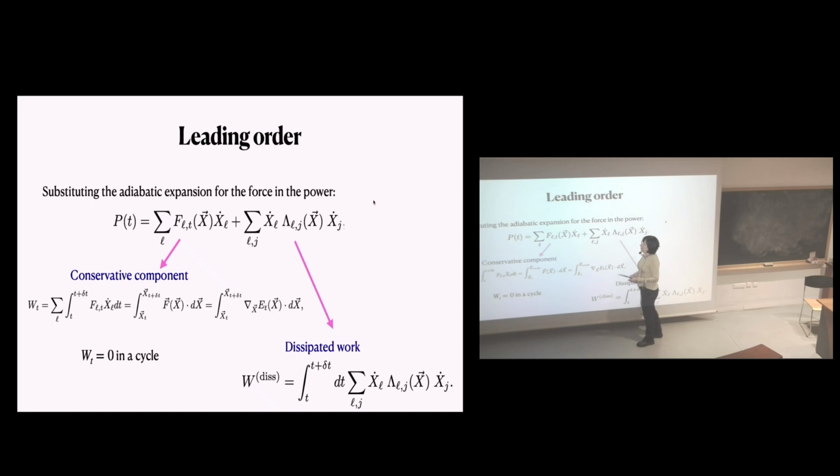We have a first term, which is the force evaluated with the frozen Hamiltonian times the velocity, plus another term, which is bilinear in the velocities. So we have these adiabatic coefficients, which, as I mentioned, obey the Onsager relations, multiplied by two velocities.